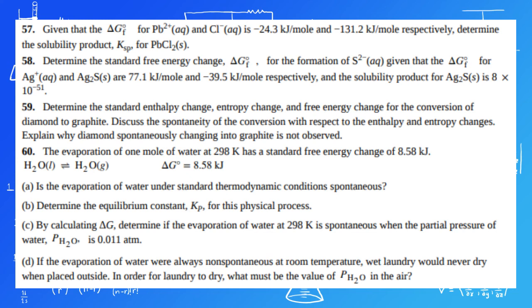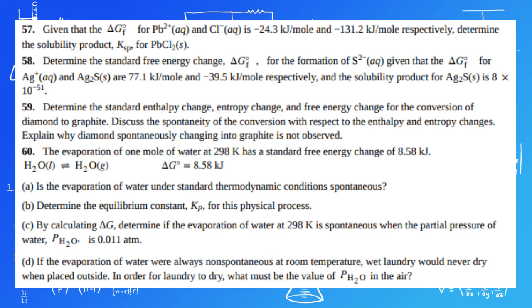57. Oh, I don't think I remembered to mention this. Delta G of formation, just like delta H of formation, is defined as 0 for raw elements in their naturally occurring states. I don't know if I mentioned that before, but if I didn't, there you go.